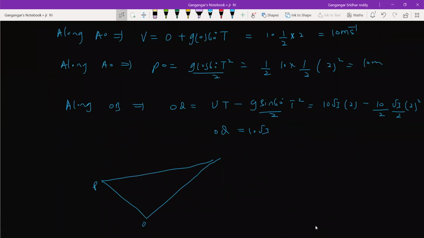This is POQ. So we know PO is 10 meter. This is 10 root 3. It is asking to get the value of PQ. So PQ is equal to the square root of PO square plus OQ square.